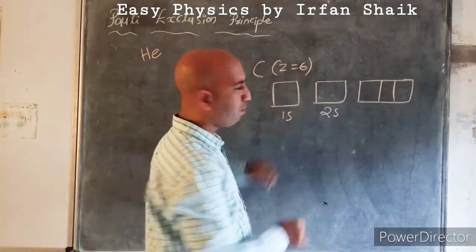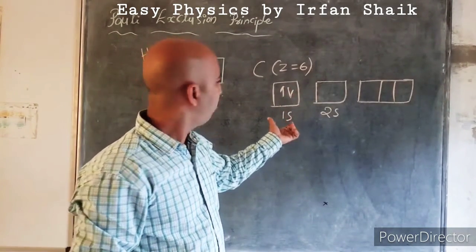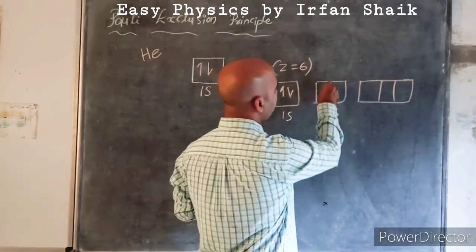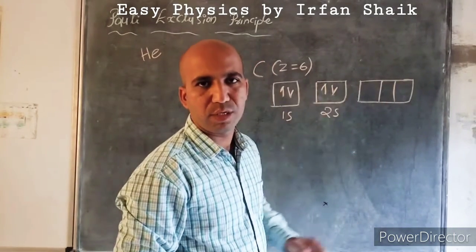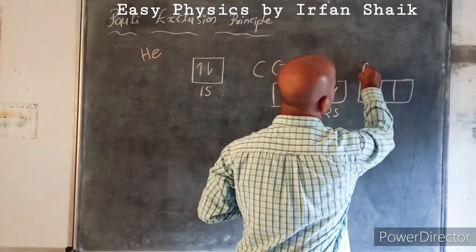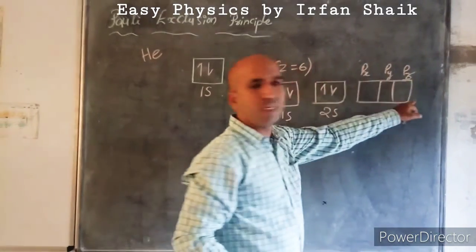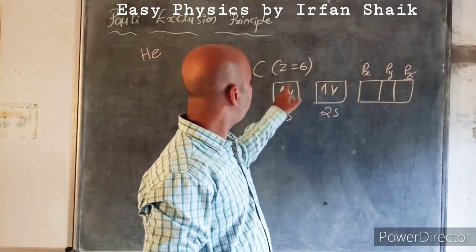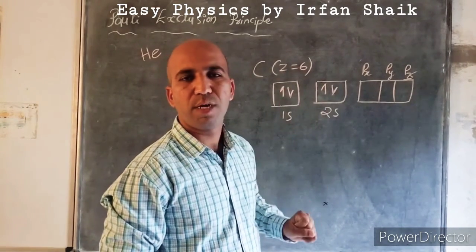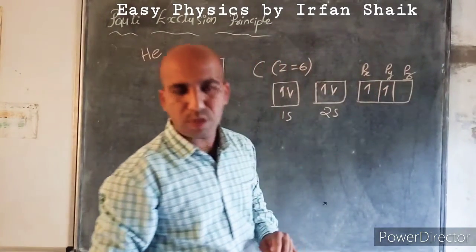From these 6 electrons, 2 electrons occupy the 1s orbital, and 2 more electrons occupy the 2s orbital. This is the 2p orbital: px, py, pz. So 2 plus 2, 4 electrons are already filled here. We have 2 more electrons, and these are the two more electrons.